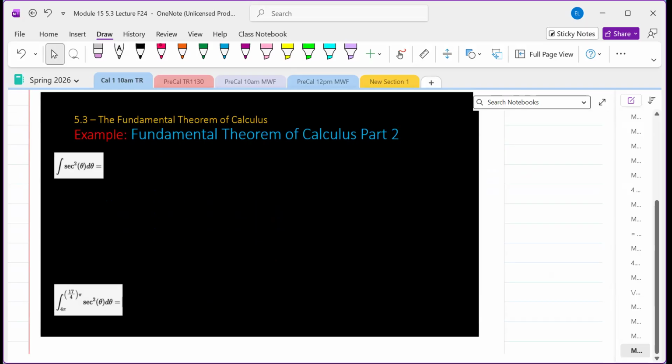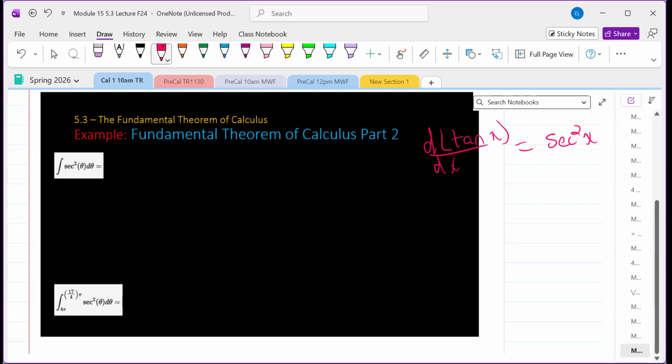So even though initially this is like, ew, because it almost looks like it's supposed to be a chain rule setup, turns out the derivative of tangent is secant squared.